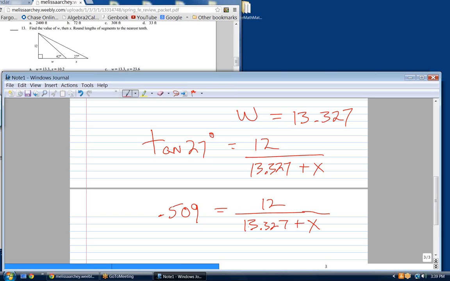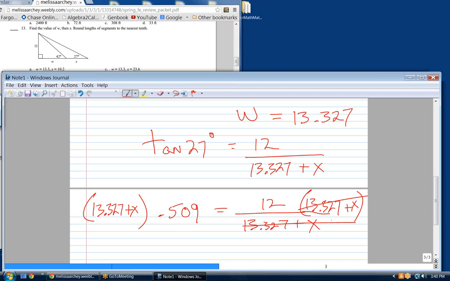So to get rid of this denominator, we have to multiply the left side of the equation by 13.327 plus x, which is only allowable if I multiply the right side of the equation by 13.327 plus x.